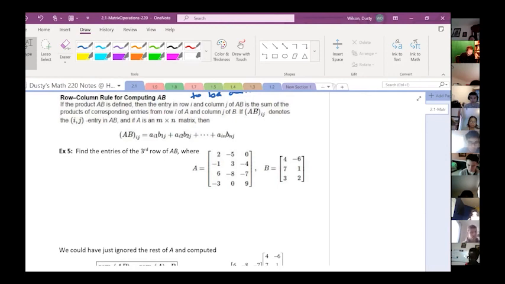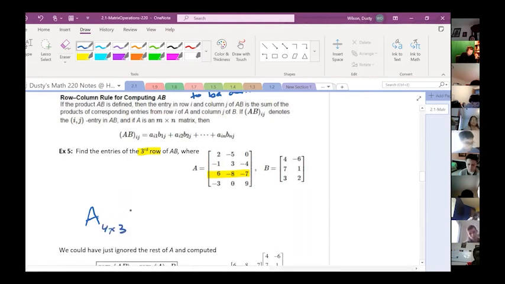Let's do an example. So if I want to find the entries in the third row of AB, I'm going to look at the third row of A and see how this all plays out. So I've got A times B. What are the dimensions of matrix A? Four by 3. Good.